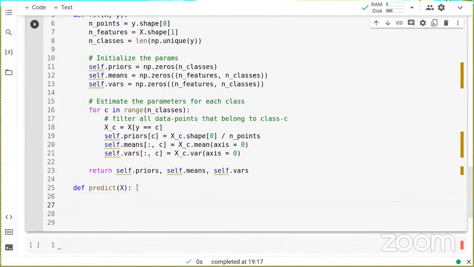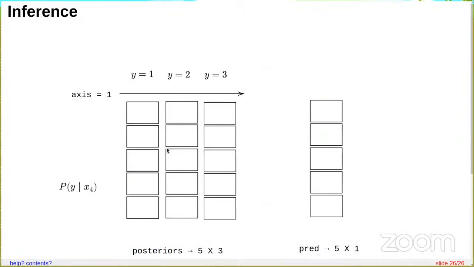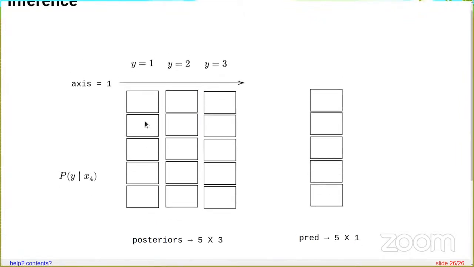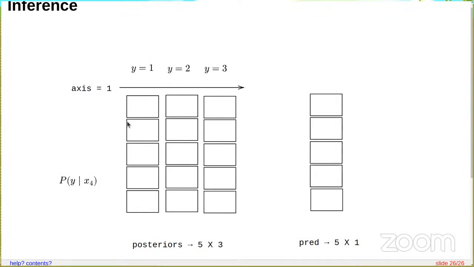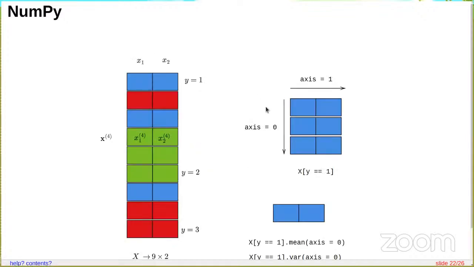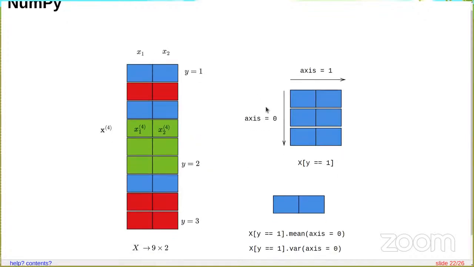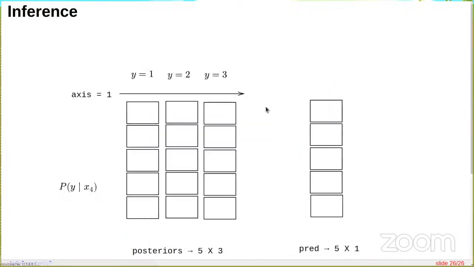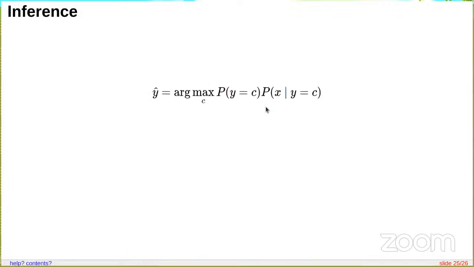So you need to compute the posterior. If there are, let's say, 5 data points in your test set, then your posterior probabilities will be a 5x3 array. For each of the 5 data points, you'll have 3 probabilities: P of x given y equal to 1, P of x given y equal to 2, and P of x given y equal to 3. So unlike the previous cases where we were looking at axis 0 for computing the mean and variance, in this case we'll be looking at axis 1 to get hold of the argmax.